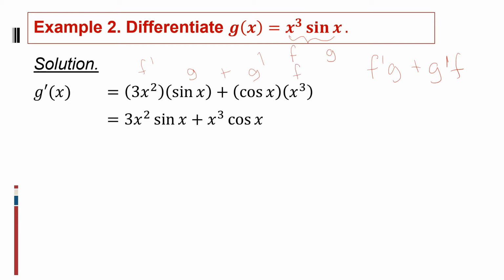By simplifying, that is now equal to 3x squared sine x plus x cubed cosine x. Or pwedeng ilabas natin yung x squared, so we have x squared times 3 sine x plus x cosine x.